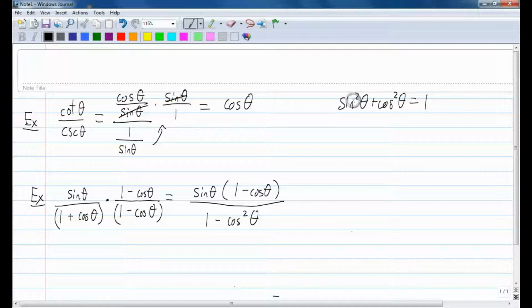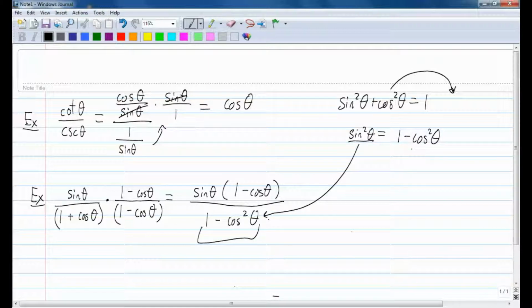Let's say that I want to see what 1 minus cosine squared is equal to. To do that, I would have to move this term over. So I have sine squared theta equals 1 minus cosine squared theta. And so 1 minus cosine squared theta is equal to sine squared theta, so you could plug it in for those two terms there.